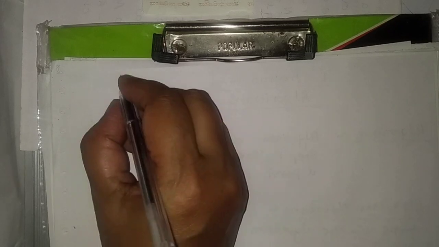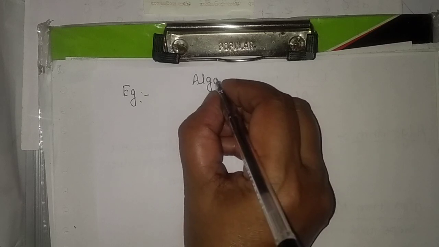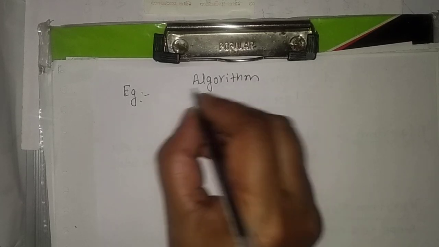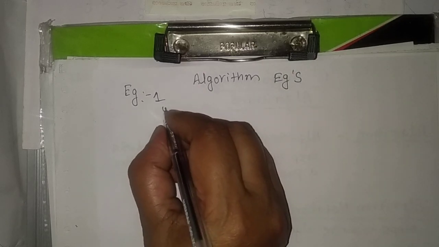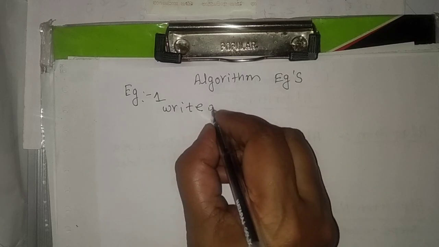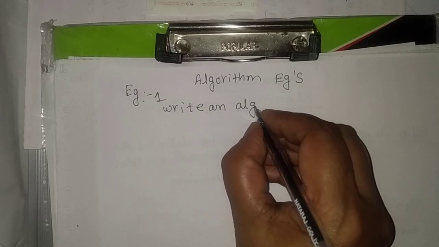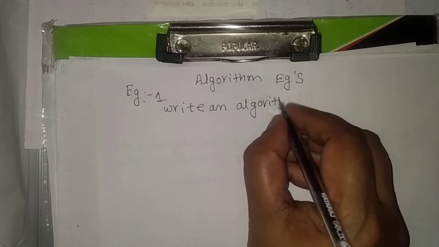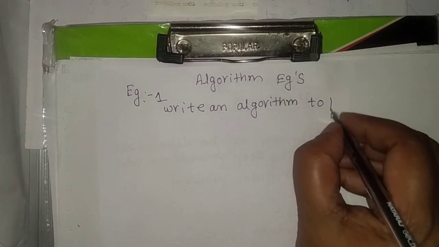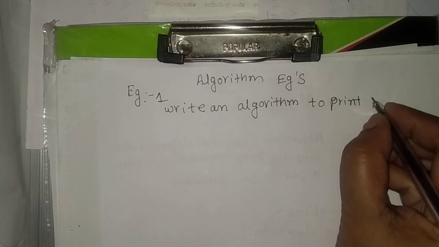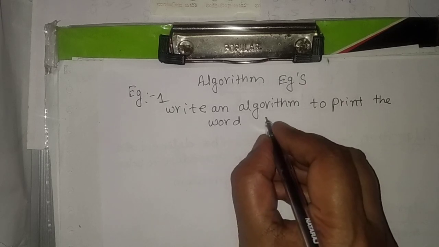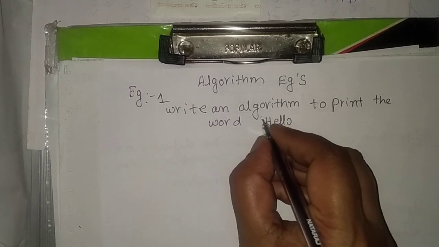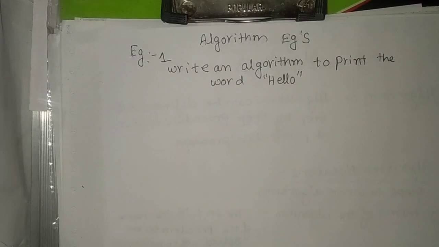Example for algorithm, first example: write an algorithm to print the word hello. Hello or hi. First we'll write the word hello.